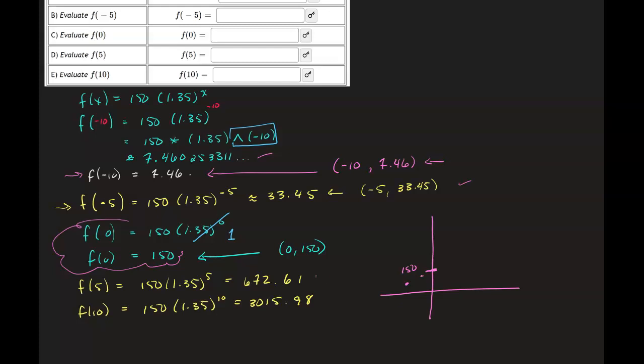At positive 5, we're at 672.61, way up here. And then at positive 10, way up here at 3,000. So you can see that exponential growth in the function as it rises dramatically and quickly over those inputs. I hope that helps.